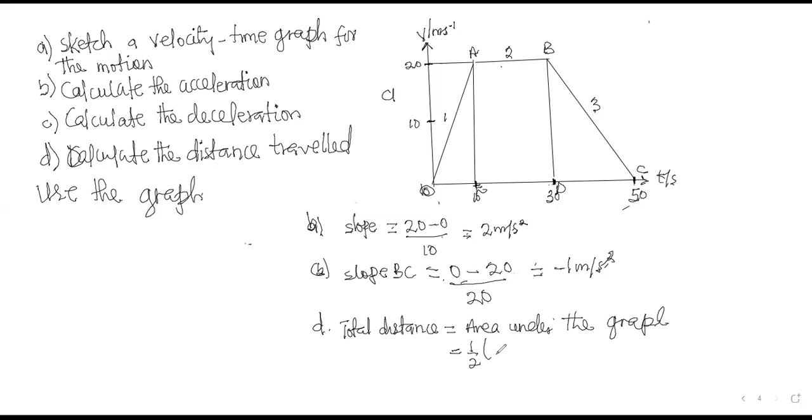So half A. What is A? AB. Yes. What is the value of A? The shorter parallel side is 30 minus 10, which is 20, plus B. What is B?